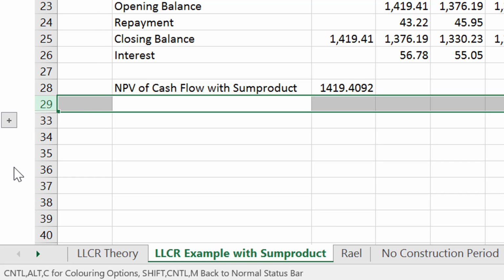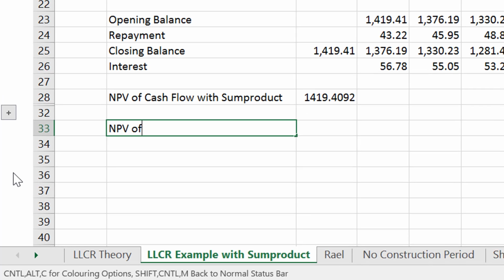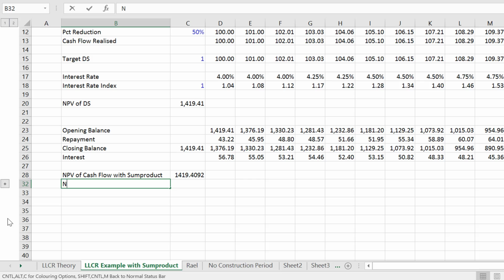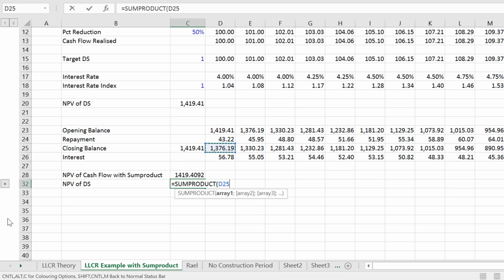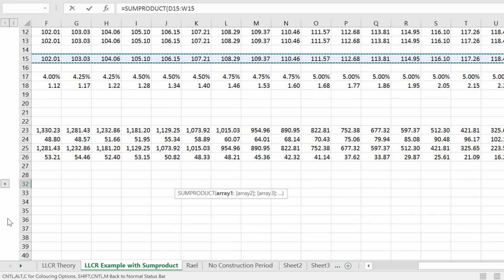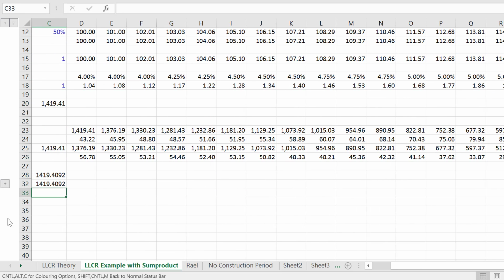Then let's put the NPV of debt service. We do the same thing, sum product, and we take our target debt service and divide that by our discount factor. That gives us the value of the debt.